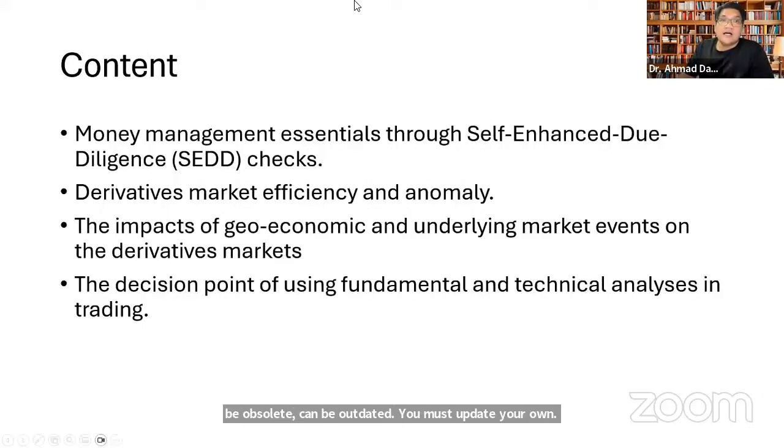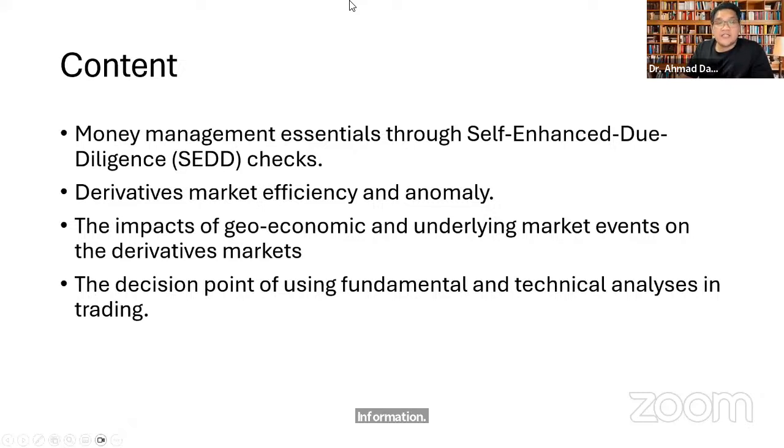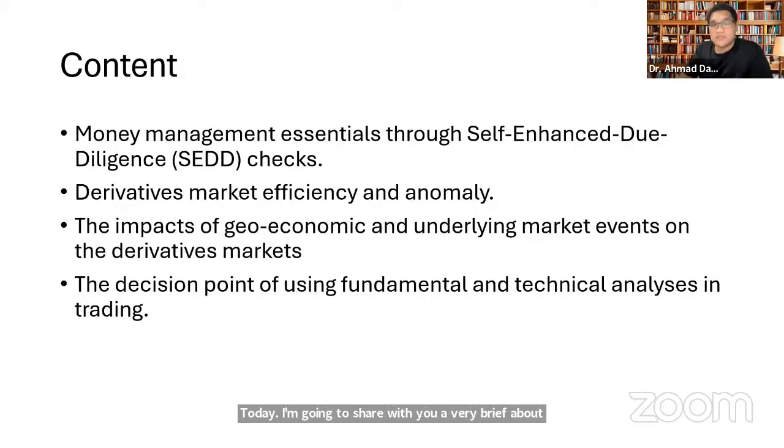Today, I'm going to share with you, first, a very brief note about money management. Number two, market efficiency and anomaly. Other than that, some geo-economic events that impact the underlying market and the derivative markets.